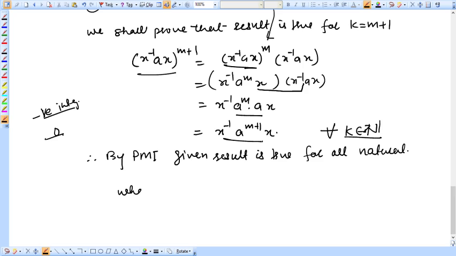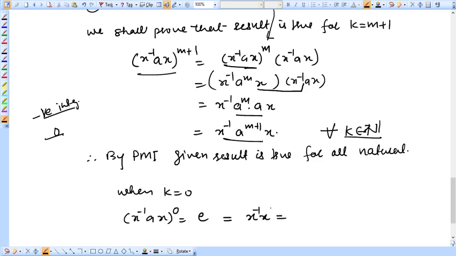When k is equal to 0, what will happen? x inverse a x to the power 0 is normally equal to identity. Anything to the power 0 is equal to identity, and identity can be written as x inverse x, because x is an element of G, right?